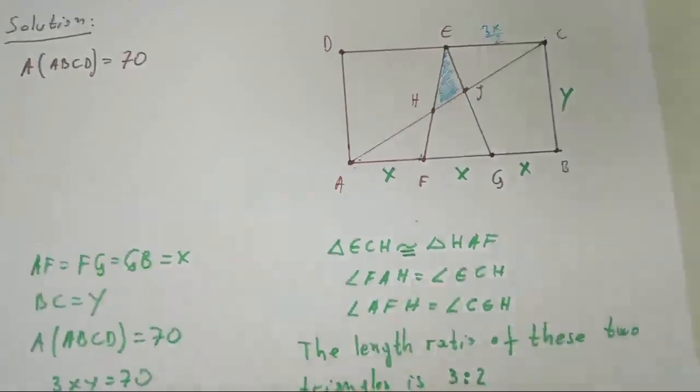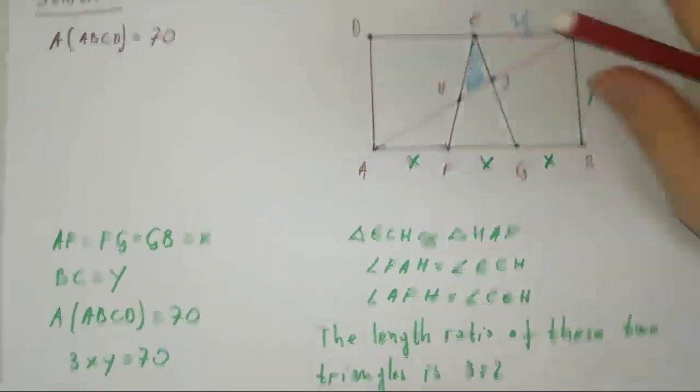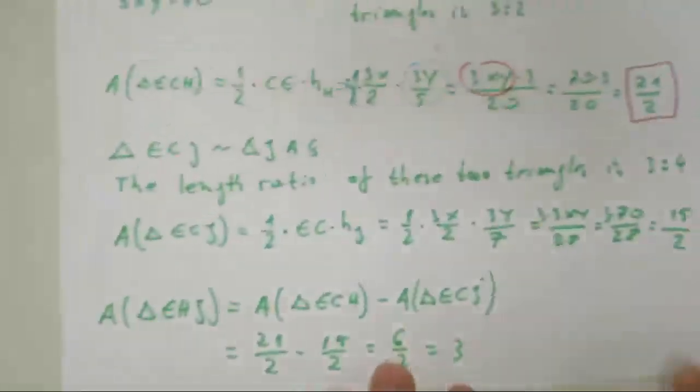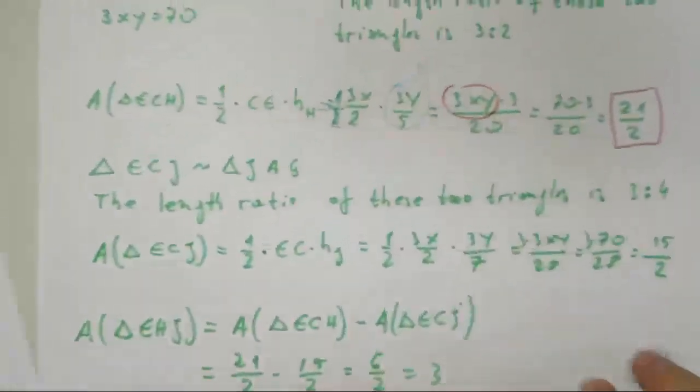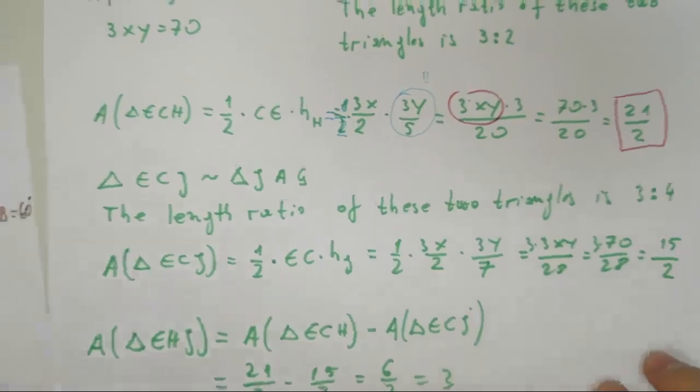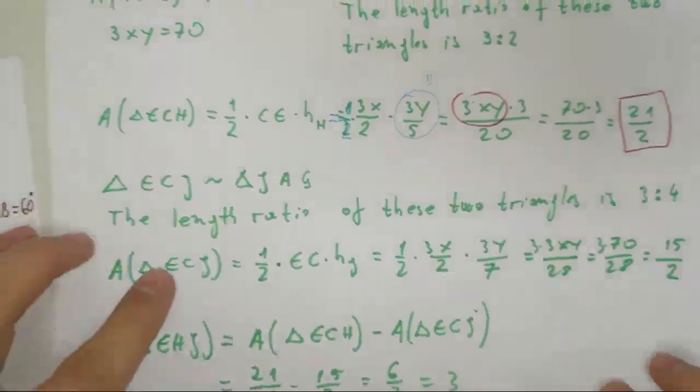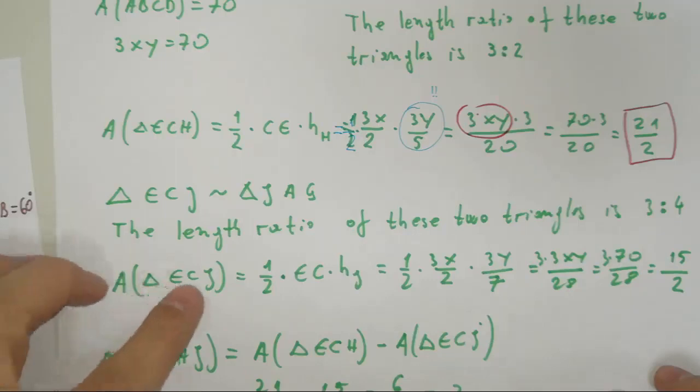All right, let's continue solving the rest. So we will just show the solution here, just as we did with the triangle ECH, we are doing with this triangle ECJ.